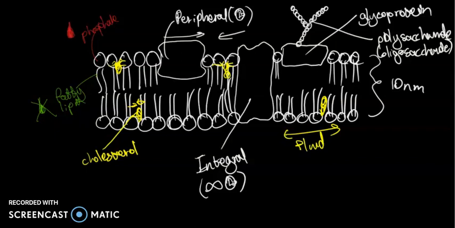Along with that, cholesterol in itself is a fat, so it is also non-polar and hydrophobic, right? So when molecules want to cross this phospholipid bilayer, cholesterol will actually help in stopping these polar molecules from crossing.